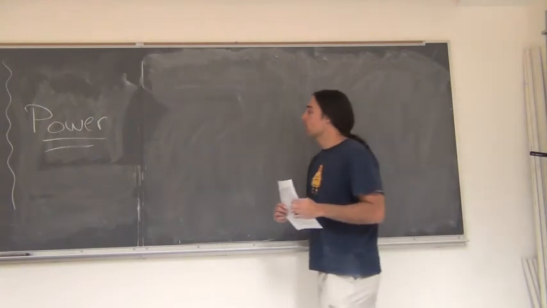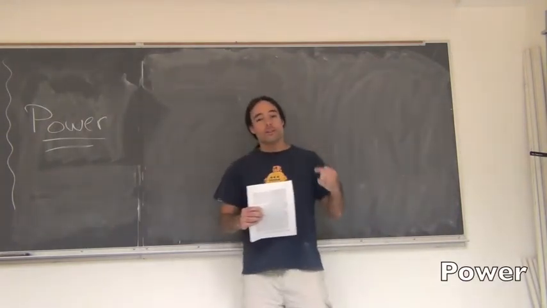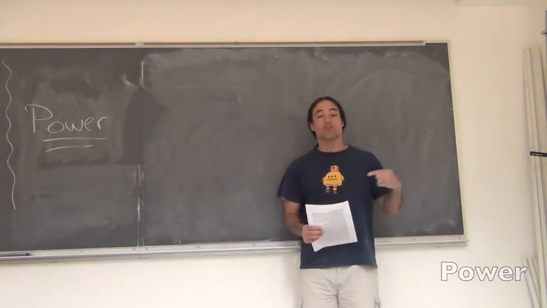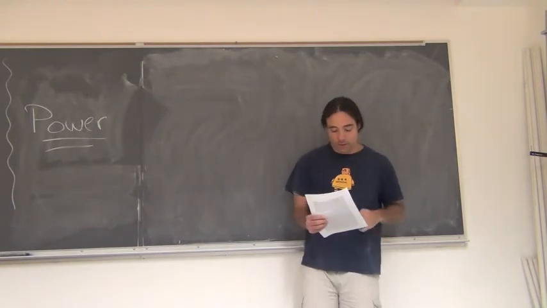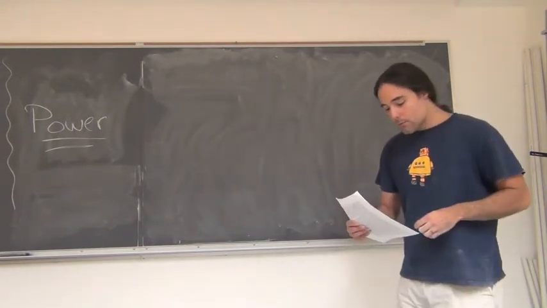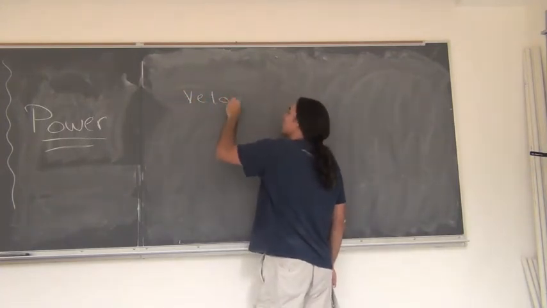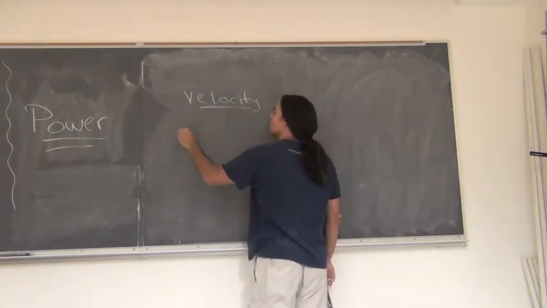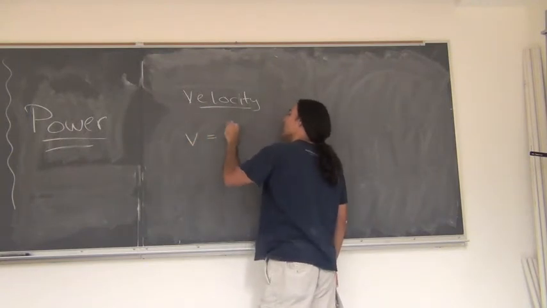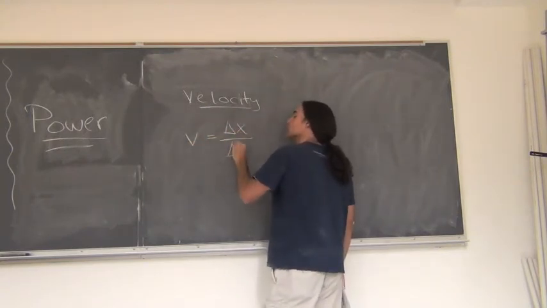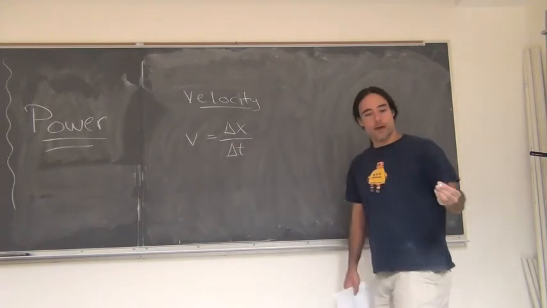Now we're going to talk about something called power, which is going to tell us how fast energy changes form from one type of energy to another. So I'm going to make an analogy here. We talked before about velocity, which tells you how your distance changes over time.